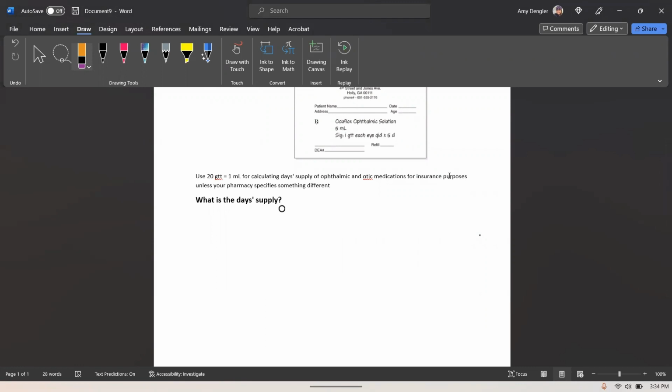So what we first want to do, since we're dispensing a 5 mL bottle, is find out how many drops are in that. We're going to use that conversion factor of 20 drops is equal to 1 mL, and then we'll plug in our 5 mL bottle.